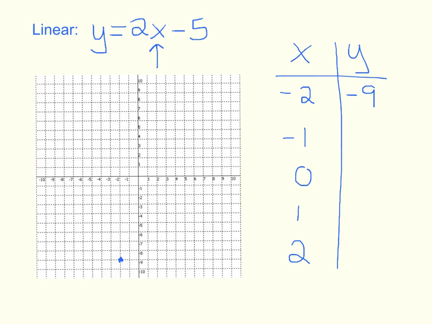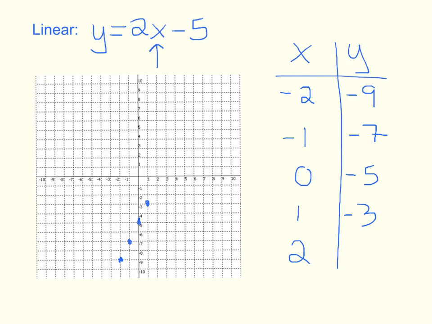Plug in -1, 2 times -1 is -2, minus 5 is -7. Plug in 0, 2 times 0 is 0, minus 5 is -5. Plug in 1, 2 times 1 is 2, minus 5 is -3.